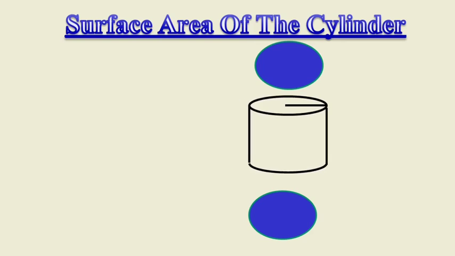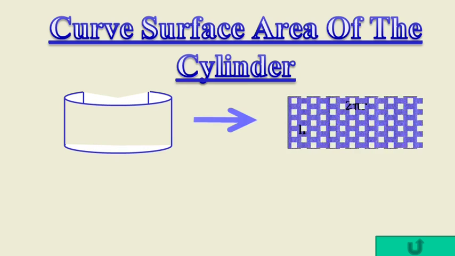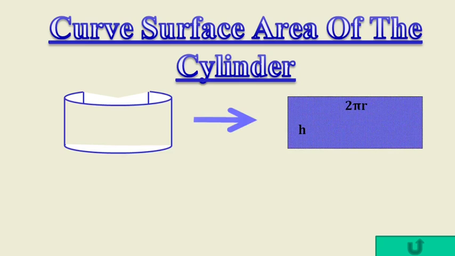If I cut this hollow pipe like this, after cutting it, we can stretch it and convert this curved surface into a thin rectangular sheet.